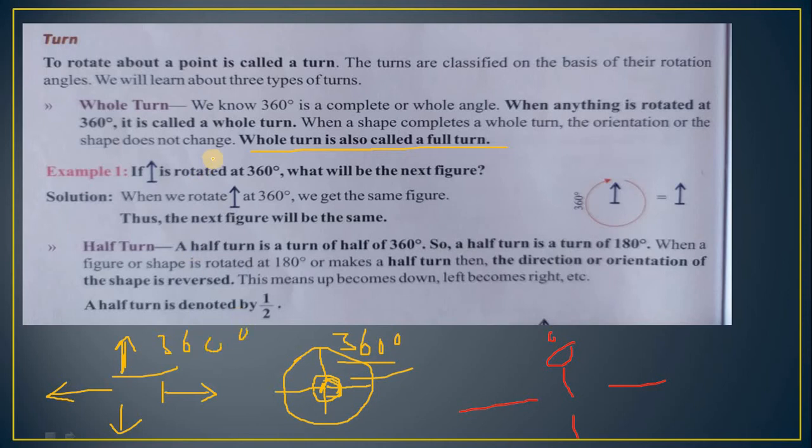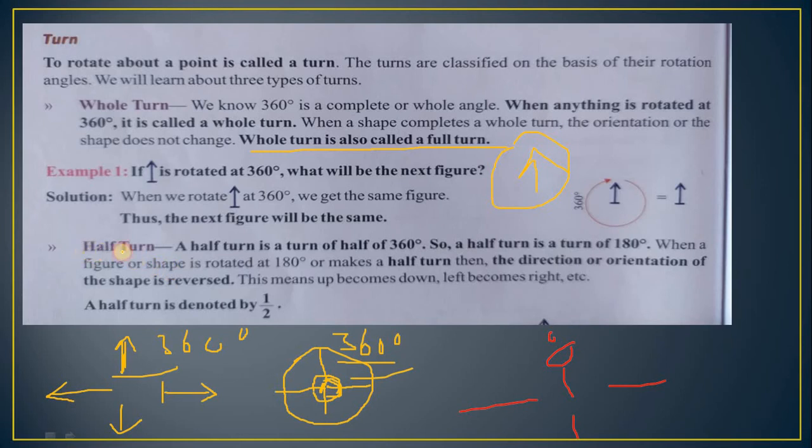So if the question is asked like that, if this symbol is rotated by 360 degrees, what will be the next figure? Ultimately it will move back to the original position. So that turn is a complete turn of 360 degree.